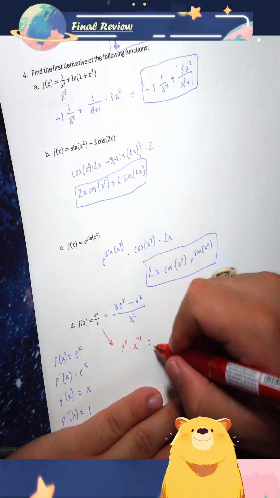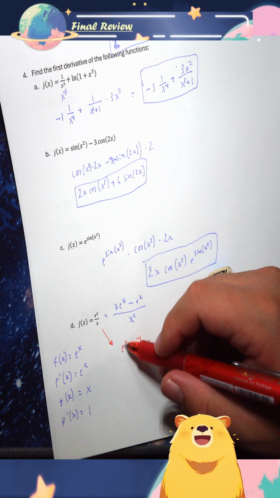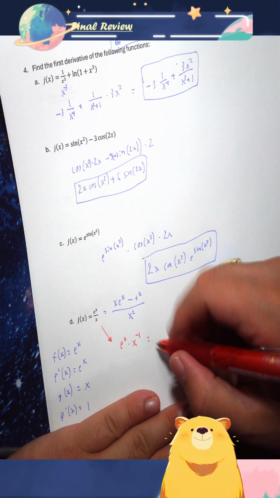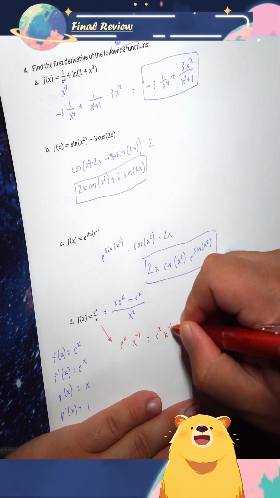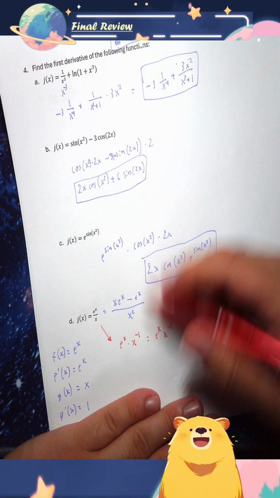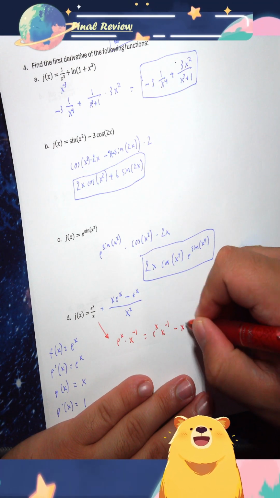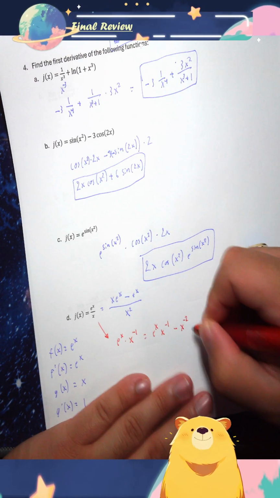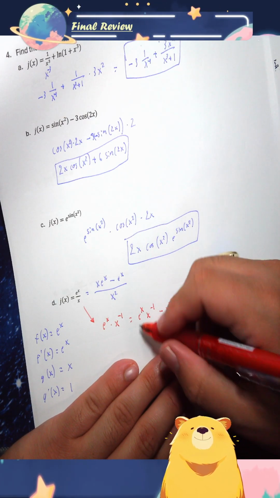You can go ahead and do that, no problem. If you do the derivative there, e to the x times x to the negative 1, and then the derivative of the second one, you'll get negative x to the power of negative 2, times e to the x.